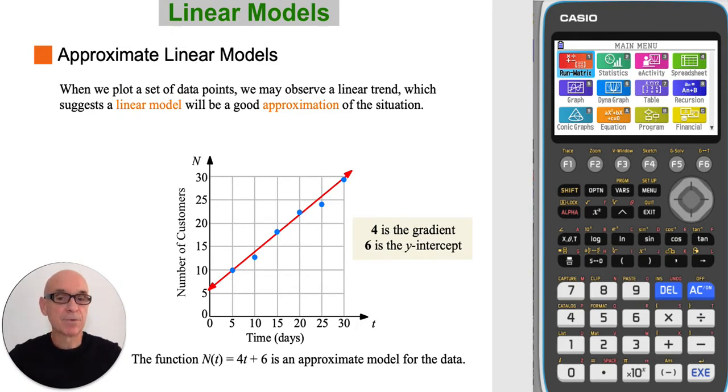In this example, the gradient of the line is 4 and the y-intercept is 6. So the function n equals 4t plus 6 is an approximate model for the data.